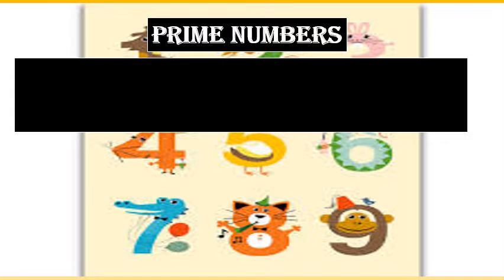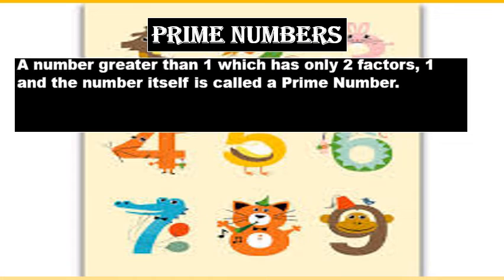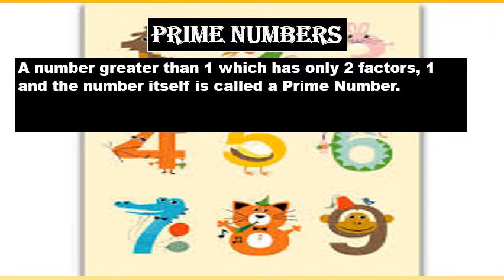Next, coming to prime numbers. A number greater than 1 which has only 2 factors, 1 and the number itself, is called a prime number.